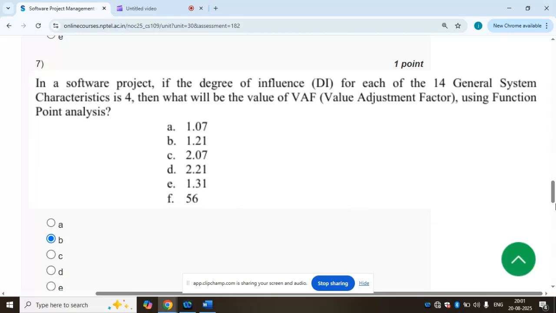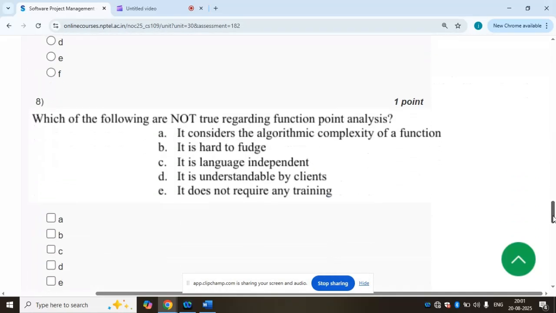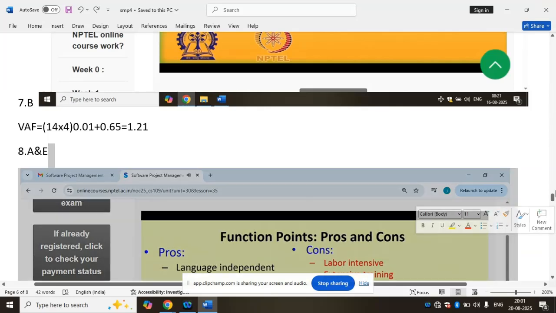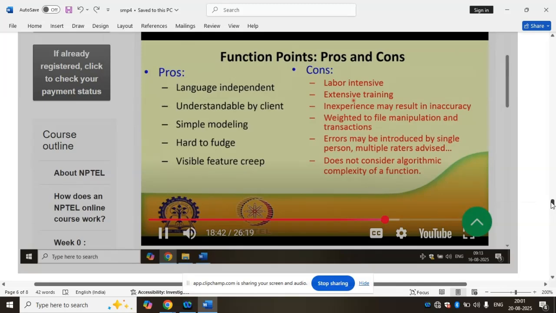So next one is the eighth one. Which of the following are not true regarding function point analysis? Not true. You can see here: it is language independent, understandable by clients, simple modeling, hard to fudge, feasible, feature creep.